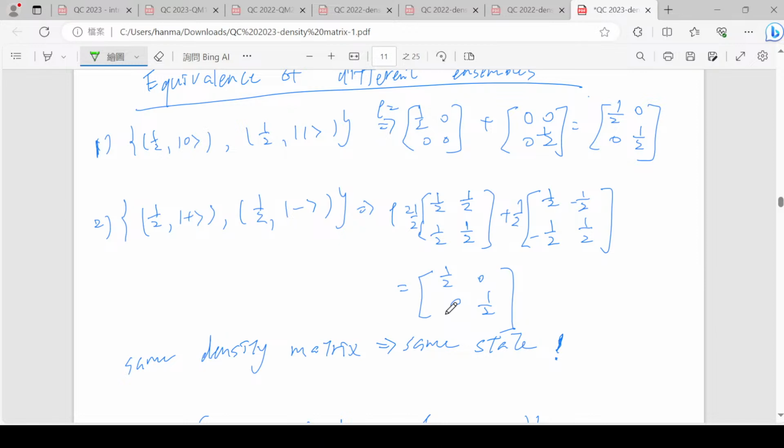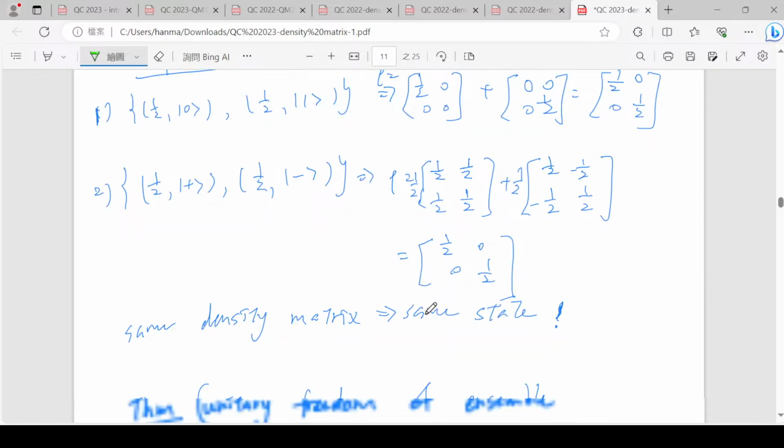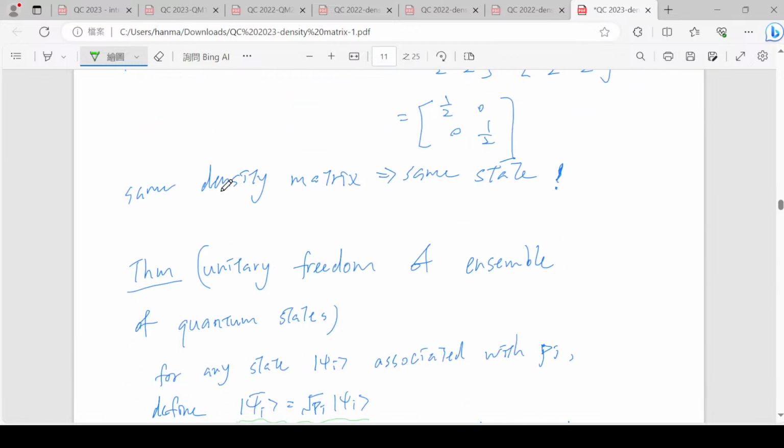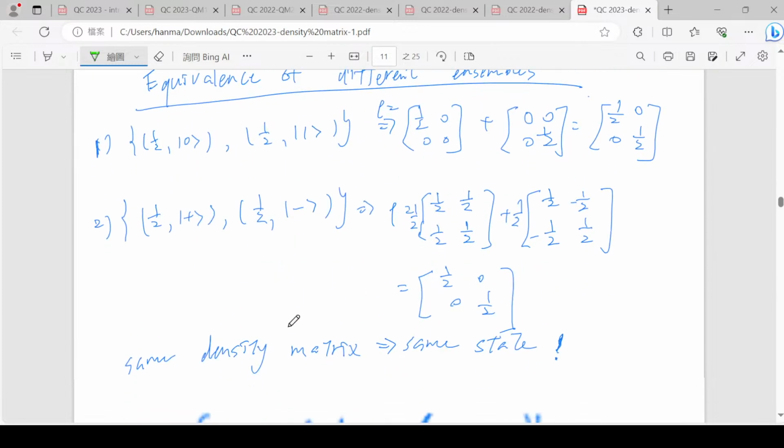So we want to characterize this a little more. As we said, this is something a bit weird, because we say the same density matrix is the same quantum state, since it describes everything you know about the quantum mechanics.